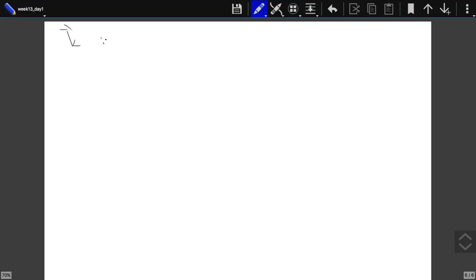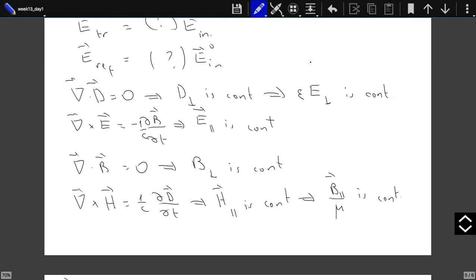So K is perpendicular to the surface, which tells me that B perpendicular is 0, E perpendicular is 0, everywhere. So I don't really have any conditions on this. It doesn't give me a new condition. I only have two conditions. The parallel component of the electric field should be continuous. Well, the electric field is only parallel, so the electric field is continuous across my interface.